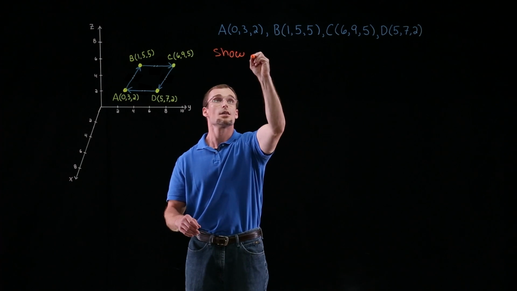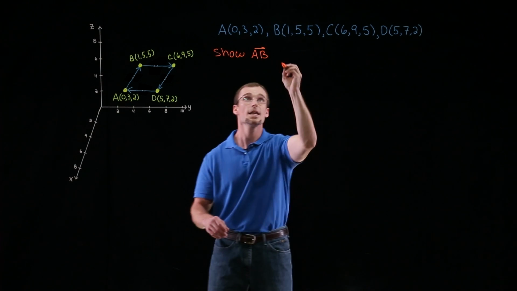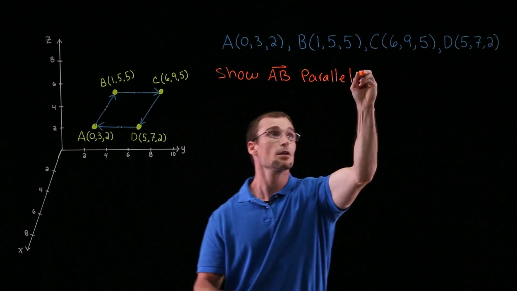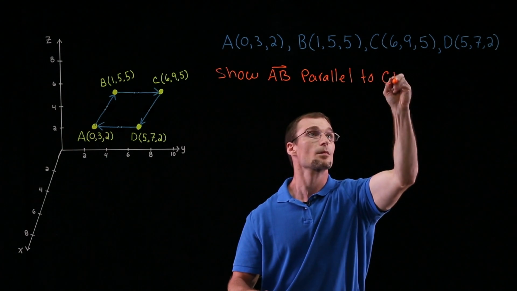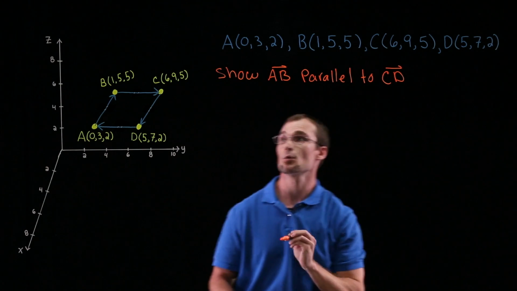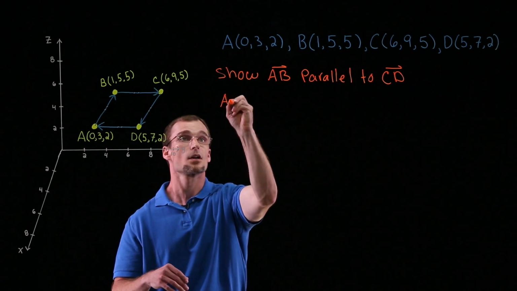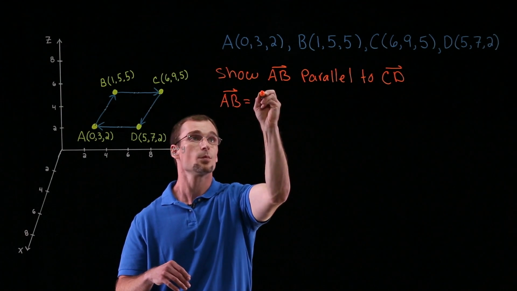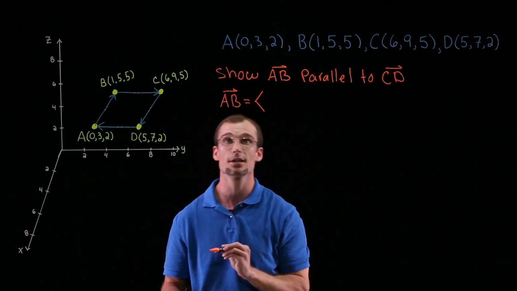So we're going to show that our vector from A to B is parallel to our vector from C to D. Before we do that, we have to find what the vectors are. So the vector from A to B in component form, we're going to treat the point B as the terminal point and A as the initial point.